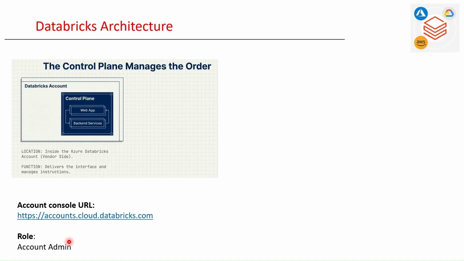You need account admin permission to access the control plane, also called the account console. And for the first time, you need to be a global admin within Azure Entra ID in order to be able to access the control plane.